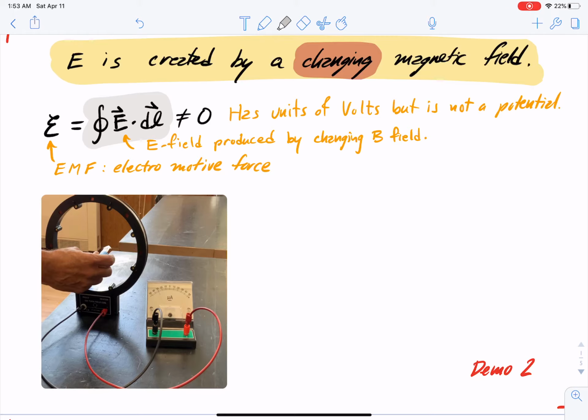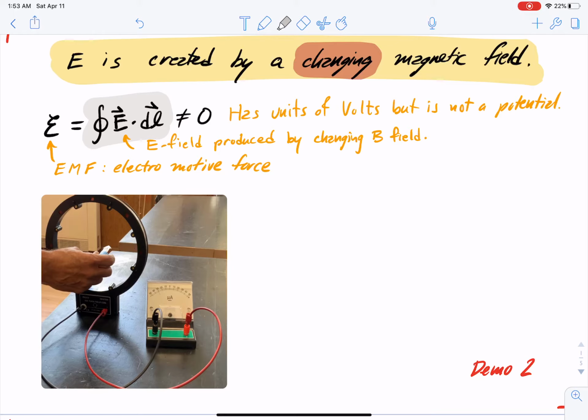Okay, so this sum here, we call it the EMF, the electromotive force. It's a terrible name. It's not a force. It's an energy per charge. It has the same units as volts, but it's not an electric potential either.